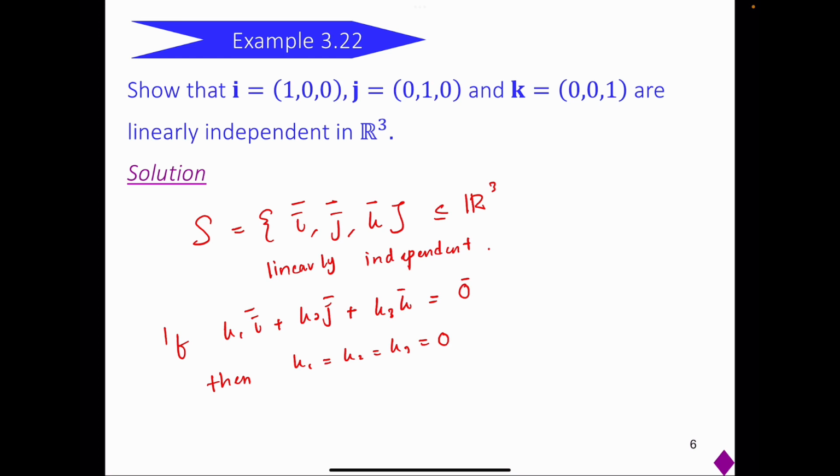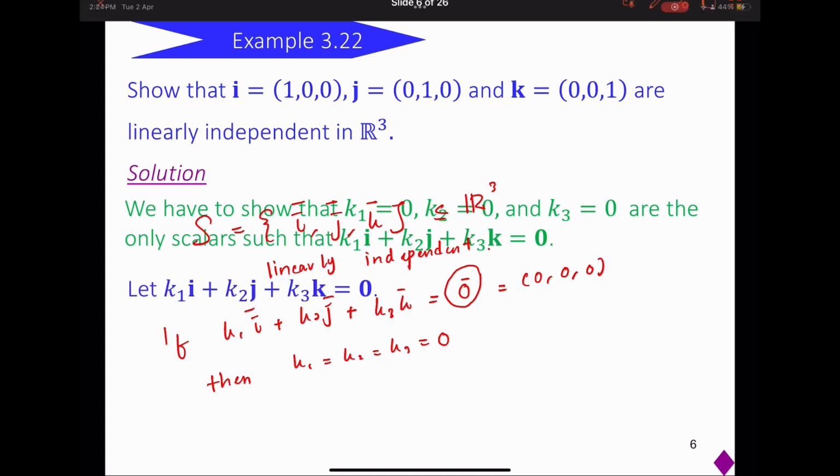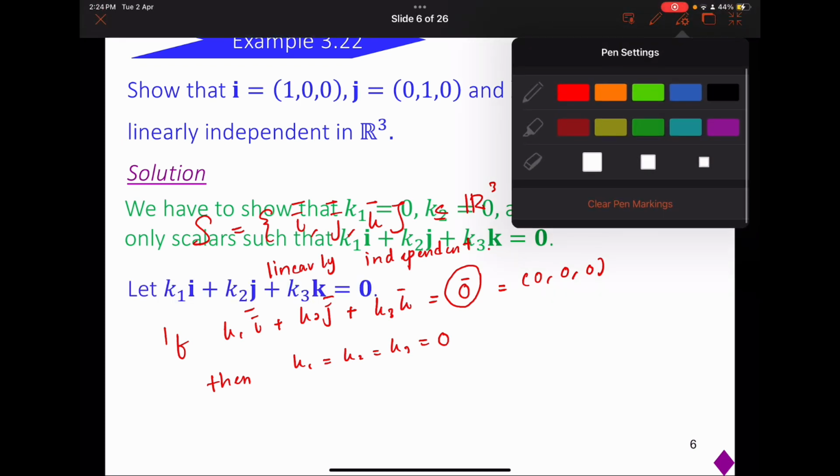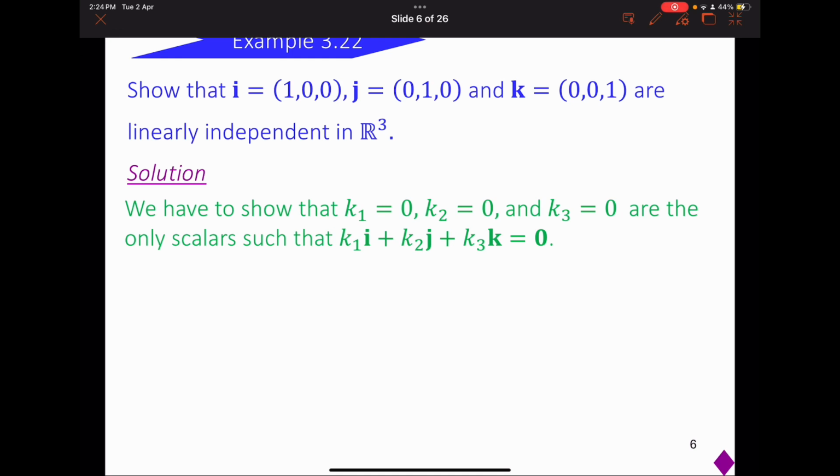Before that, again, we have to identify the zero vector in R3. Since we equip R3 with the standard addition and scalar multiplication, the zero vector of R3 is 0, 0, 0. Now here is the proof. Again, we have to show that K1, K2, K3 all zeros are the only solution for this equation.